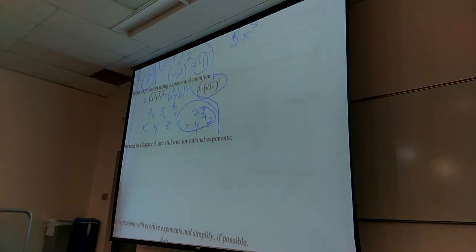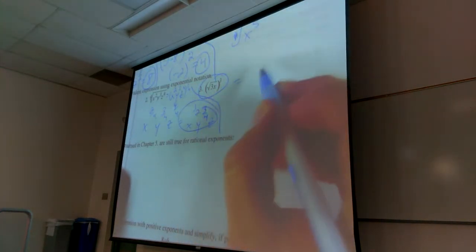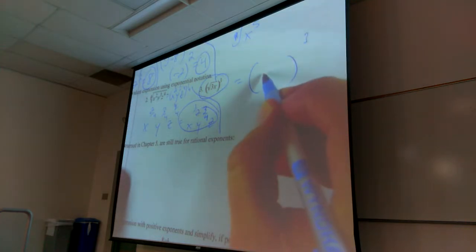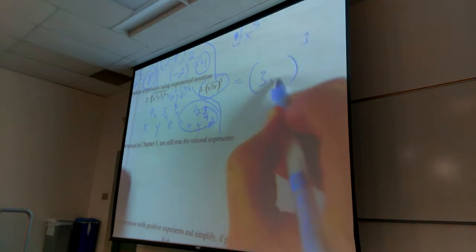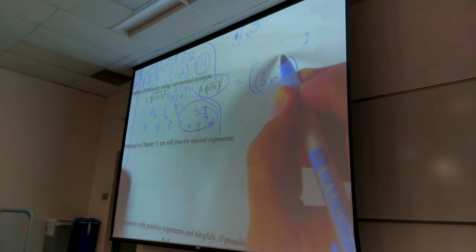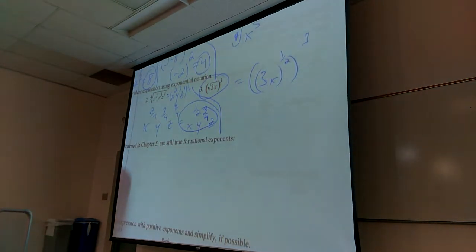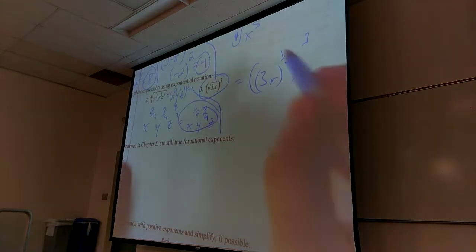Now how do I do this one? Can't I rewrite the inside? What's the inside become as a fractional power? 3x to the 1 over 2. All right, is everybody cool with that? Square root is a 1/2 power. So the square root of 3x is also known as 3x to the 1/2 power. And what can I do with these?